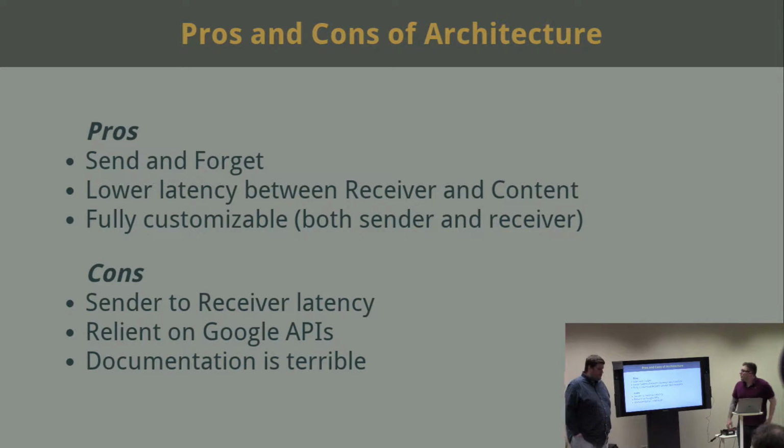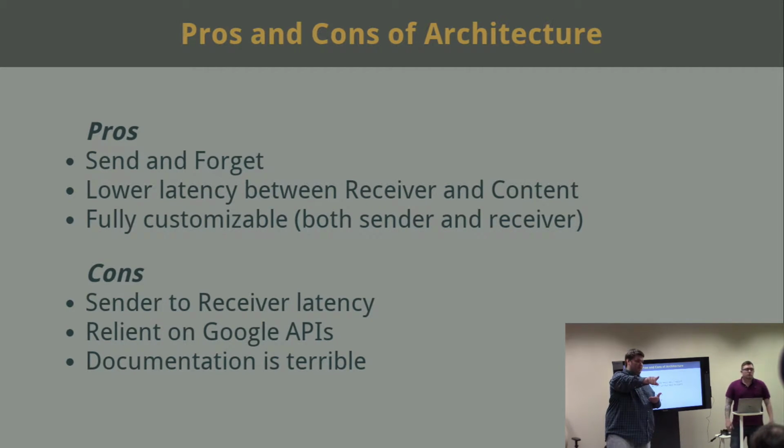So anyway, there are some pros and cons with this model, right? In terms of casting media, it's really nice if that media is hosted somewhere on the internet, because the alternative is to go through the device that you're casting from and then have that device cast over the local network to your receiver.